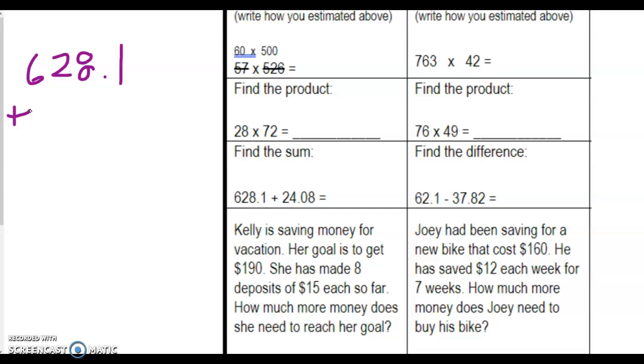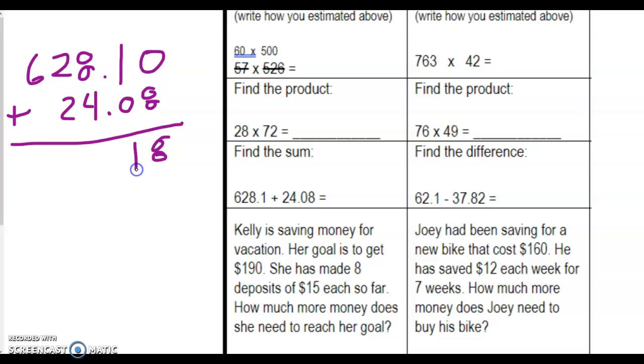What is the rule about decimals? Yeah, we have to make sure that our decimals are lined up, right? So we have 24, line up your decimal, and 8/100. Okay, so if I was subtracting, I would need to add a 0, but since I'm just adding, I already know that 8 plus nothing is still 8. Okay, and I have 1 plus nothing is 1. I'm going to drop down my decimal so I don't forget.